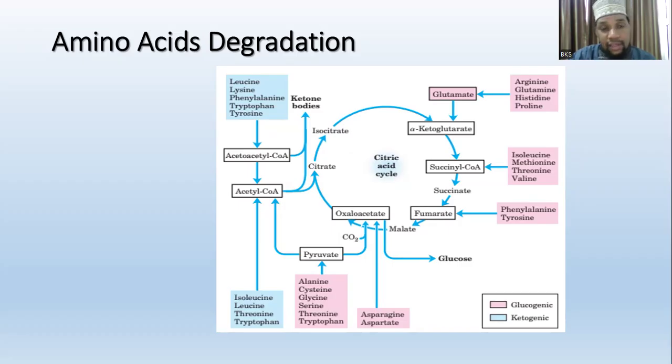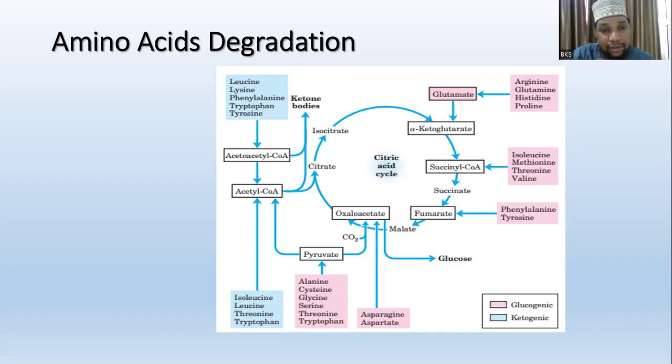Looking at this, we can easily say that some amino acids fall in both classifications, being both glucogenic and ketogenic, while just leucine and lysine happen to be exclusively ketogenic amino acids.